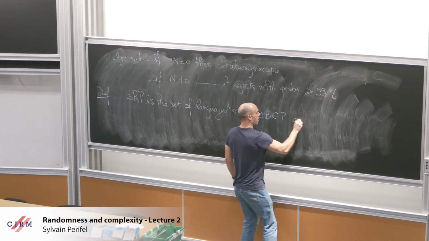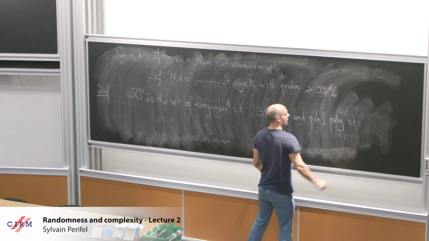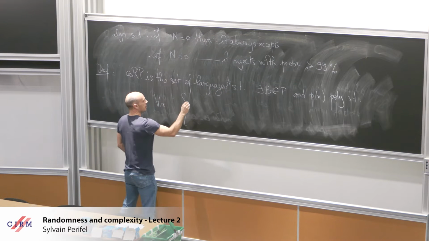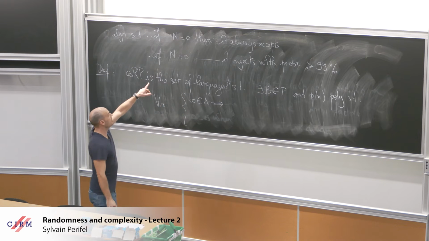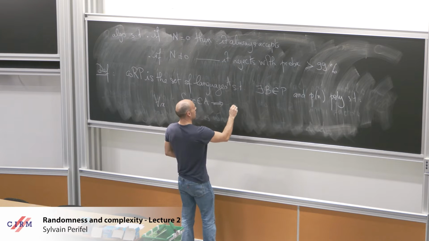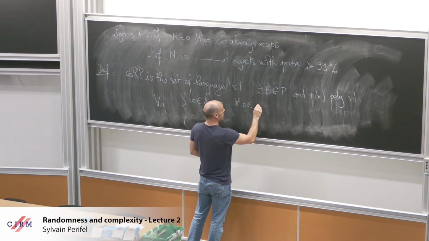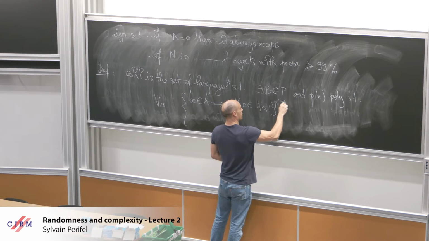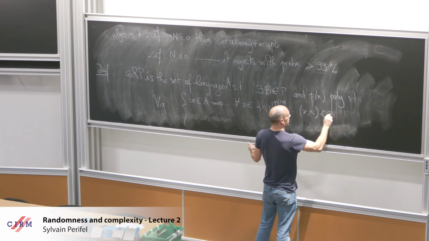And there is a polynomial p of n such that, if x is in the language, we make no mistake. For all r in {0,1}^p(n), of polynomial size, (x, r) is in B.